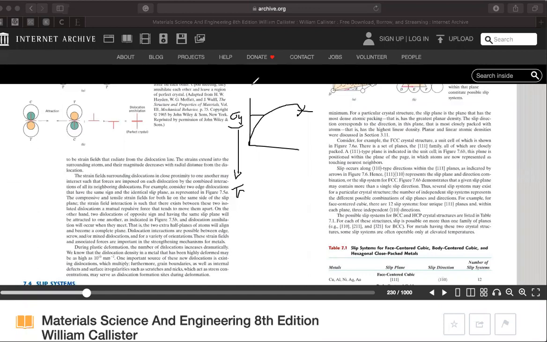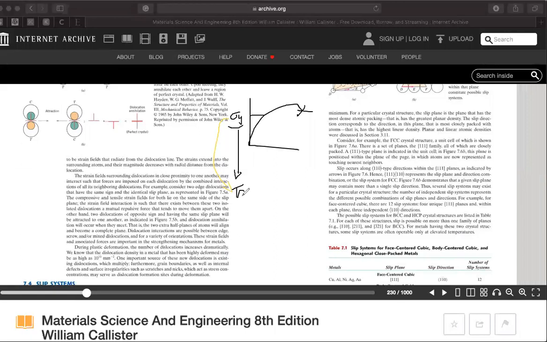So today we will learn how to correlate what you're applying from outside with the shear stress that is resolved as a consequence of the applied stress. And then we'll ask what is high enough to allow the dislocation to move.